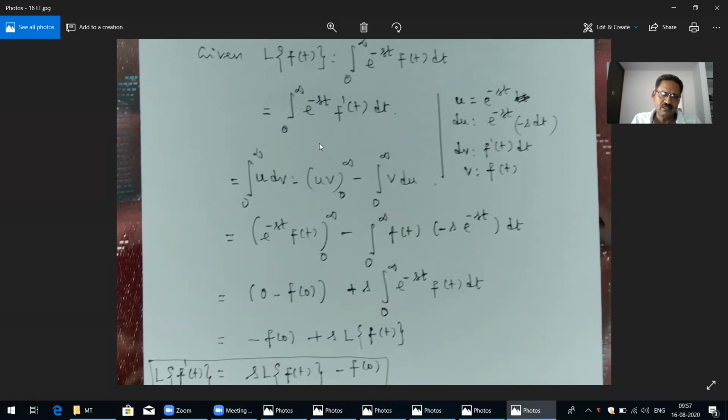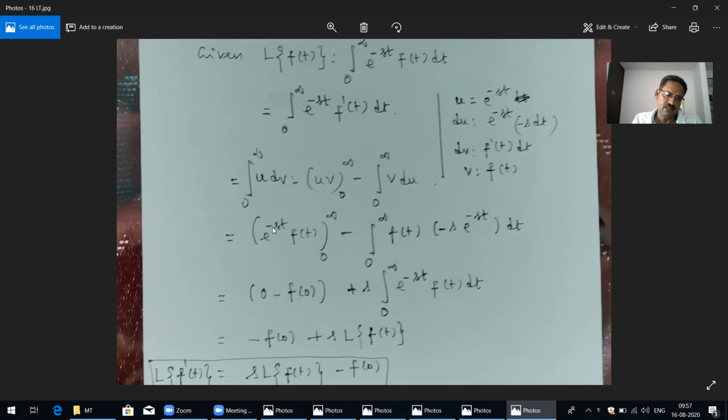Then substitute: what is u? u is already taken as e power minus st. Then v, we know that it is f of t. So minus integral from 0 to infinity of v du, and what is du? du equals minus s e power minus st into dt. Here minus minus will become positive, s comes outside, integral from 0 to infinity of e power minus st f of t into dt.